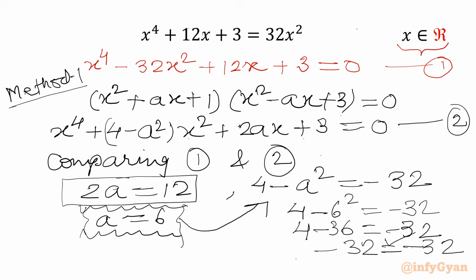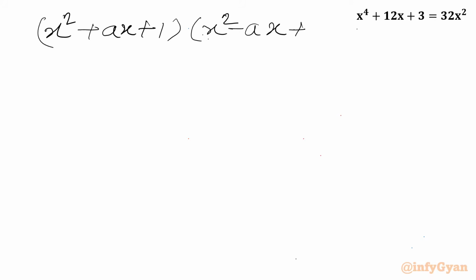And this value I will apply here in the product equation. Let us write (x^2 + ax + 1)(x^2 - ax + 3) = 0. Now a = 6.